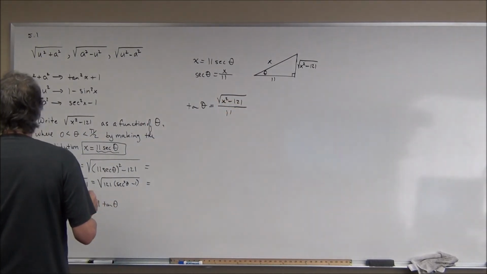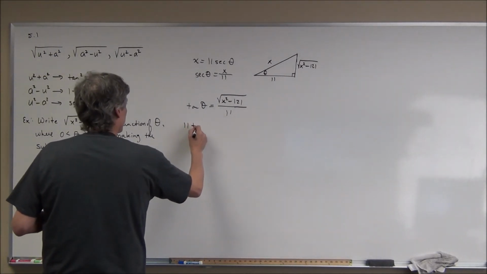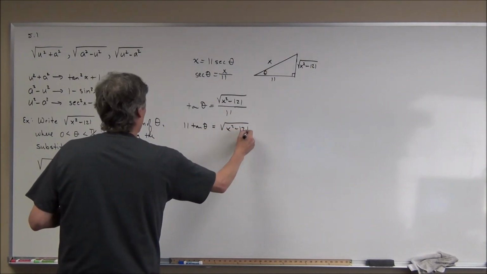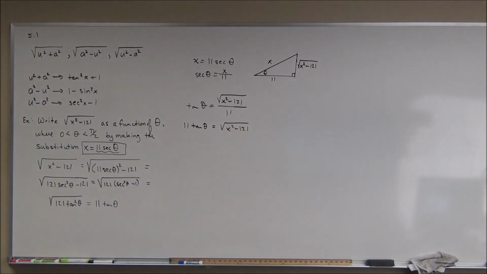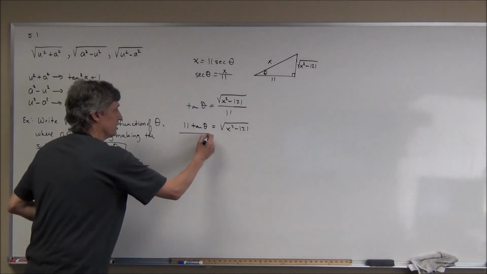And then that would give me, if I multiply both sides by 11, 11 tangent theta is equal to the square root of x squared minus 121. And that is what I wanted to do. I wanted to write this expression here as a function of theta, and there it is.